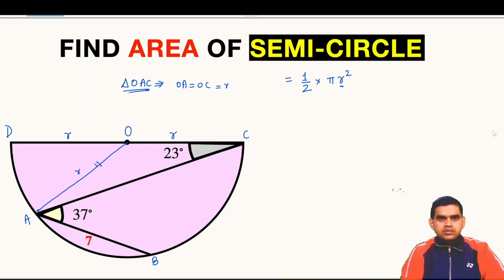So these two lengths are equal. So we can say that triangle OAC is an isosceles triangle. If this triangle is an isosceles triangle, then we know the property of an isosceles triangle that the angles opposite to the equal sides are equal. So if this is 23 degrees, this is also 23 degrees.